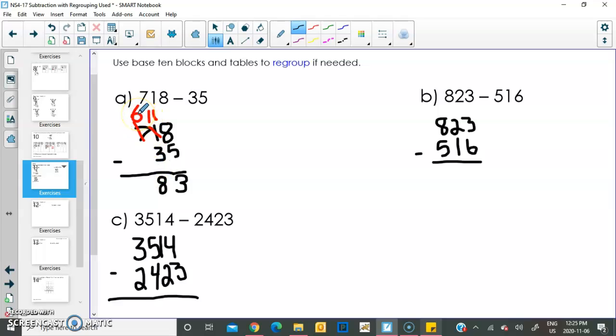And 6 hundreds minus 0, essentially, hundreds equals 6. Good. So the answer you should have gotten is 683.